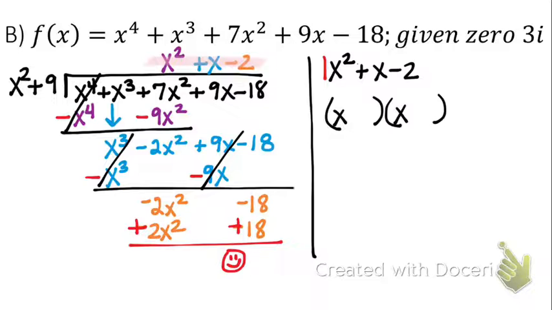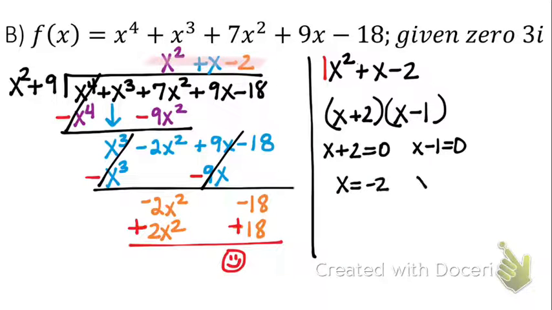Wait, what is it? 2 and negative 1? Positive 2 and negative 1, is that what you all got? All right, go ahead and set those equal to 0. So your zeros would be, our four solutions are x equals negative 2, x equals positive 1, x equals positive 3i, and what's the last one?